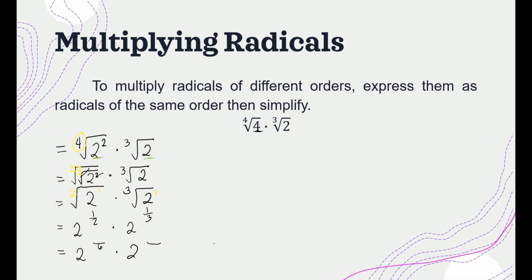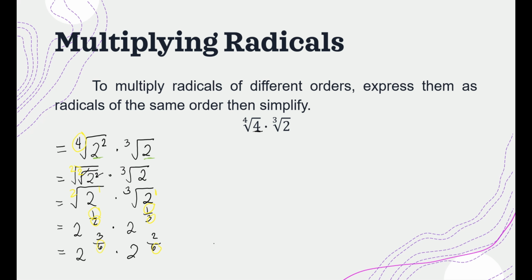and then we have to get the numerators of the exponents. And to do that, we have to divide the LCD by the denominator and then multiply it by the numerator. So 6 divided by 2 is equal to 3, times 1, that is 3. 6 divided by 3 is equal to 2, times 1, that is 2.